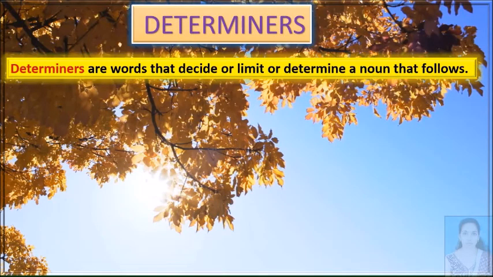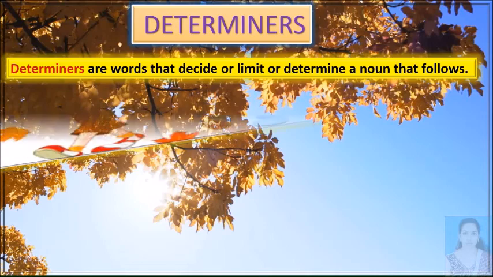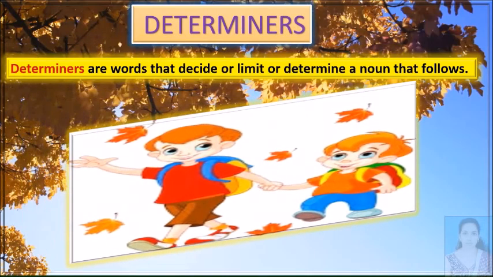What is a determiner? Determiners are words that decide or limit or determine a noun that follows. Some examples for this are a, the, all, this, etc. Some examples to understand are: All living things are mortal.